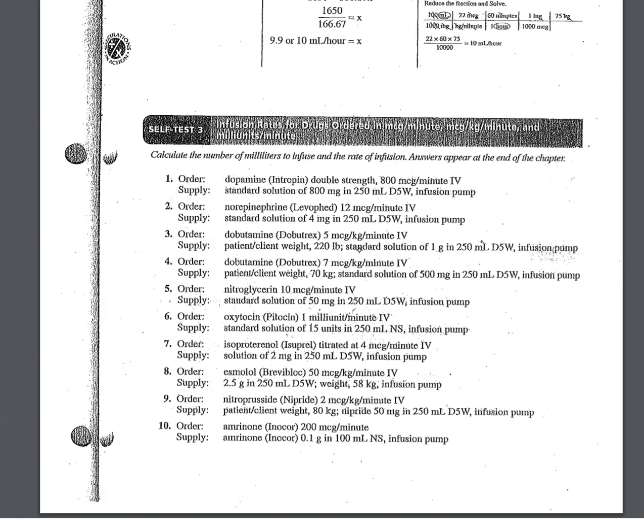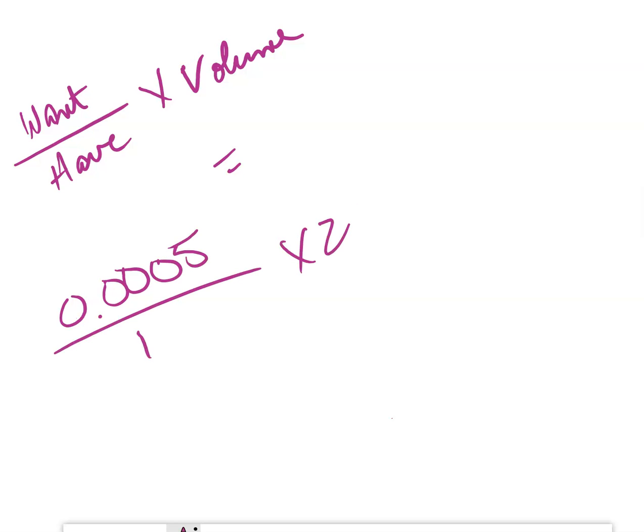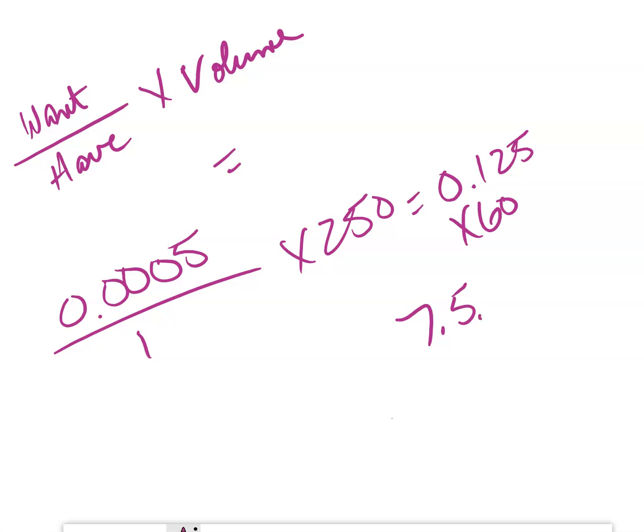And what I ended up getting, 0.0005 divided by 1 times 250, which is the volume, which gave me 0.125 times 60, because I want it to be in an hour, and I am getting 7.5 mLs per hour.